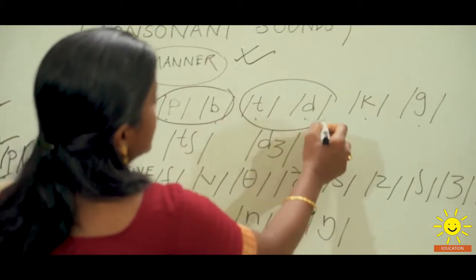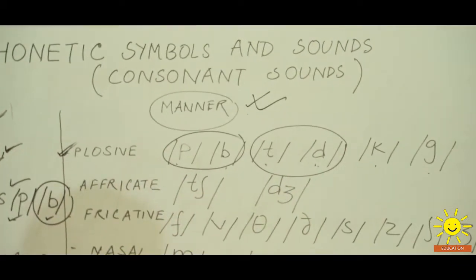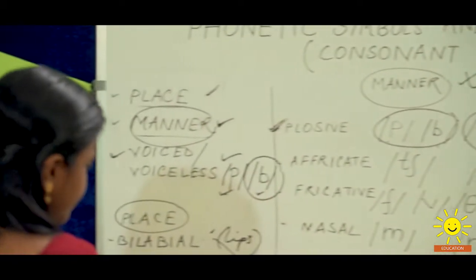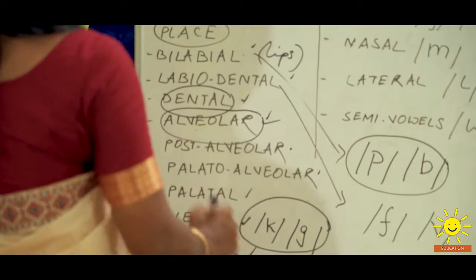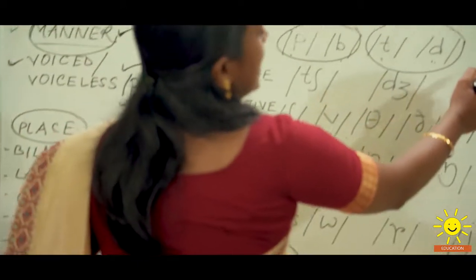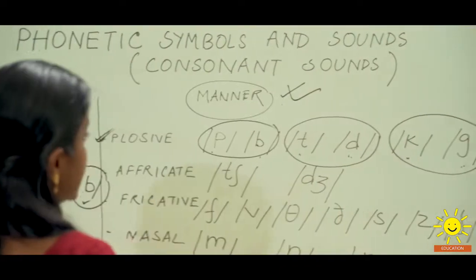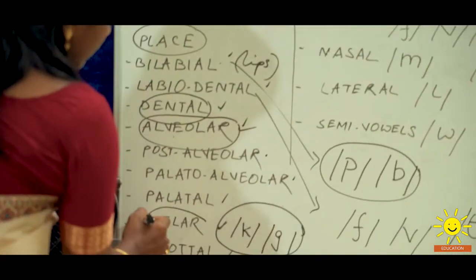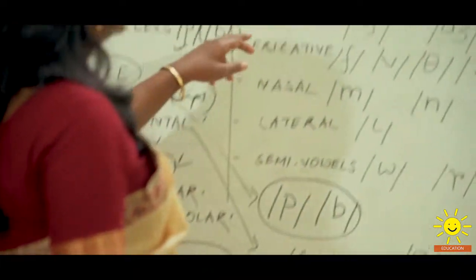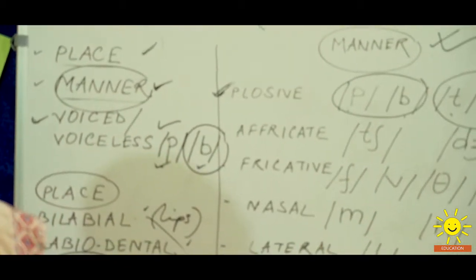These are, as far as the place of articulation is concerned, alveolar consonant sounds. K, g, these are, as far as place is concerned, velar. Now, the next category is affricates.